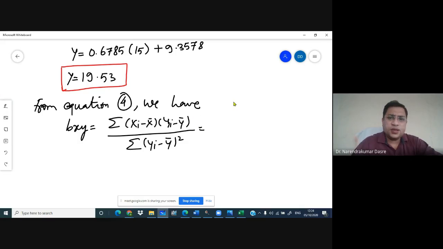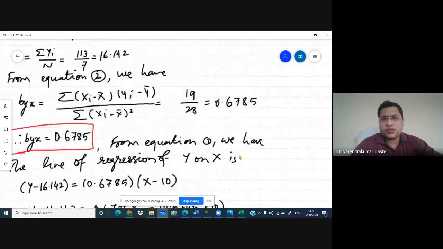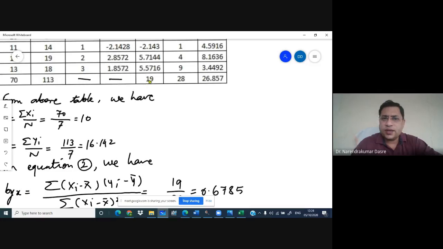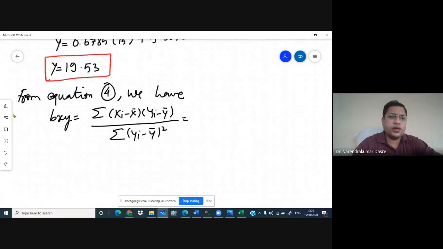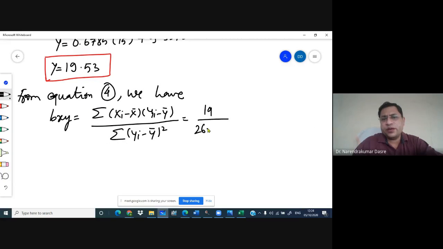You can see from the table, it is 19 by 26.857. So give me this value. What value have you got?